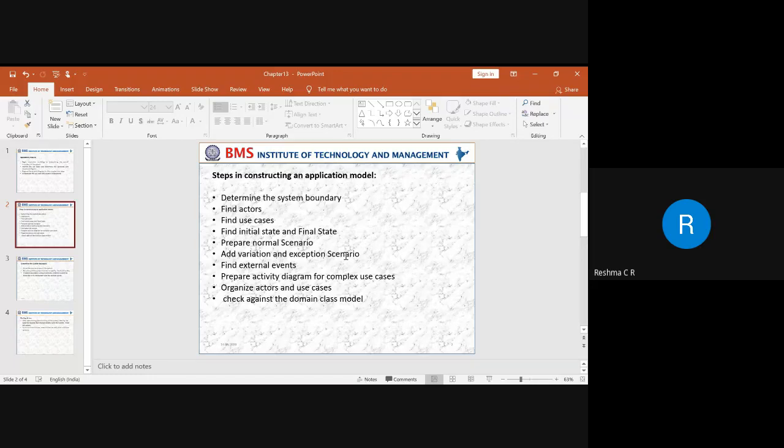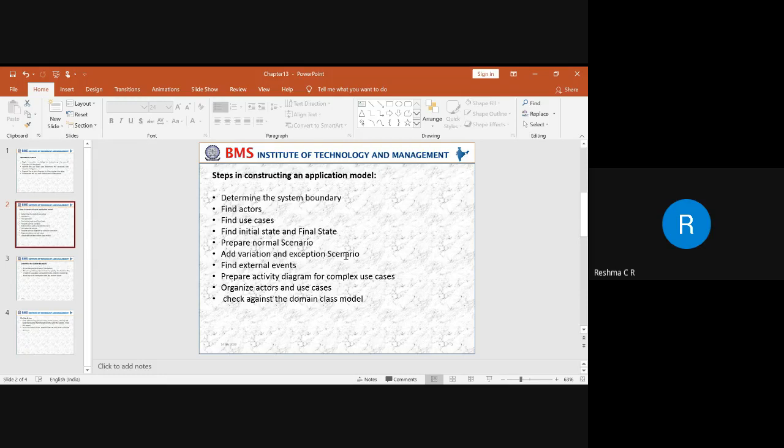For that, it has to process the transaction. So the next event is process transaction. In process transaction, there are two events. First, it will initiate the transaction and identify the requested data.